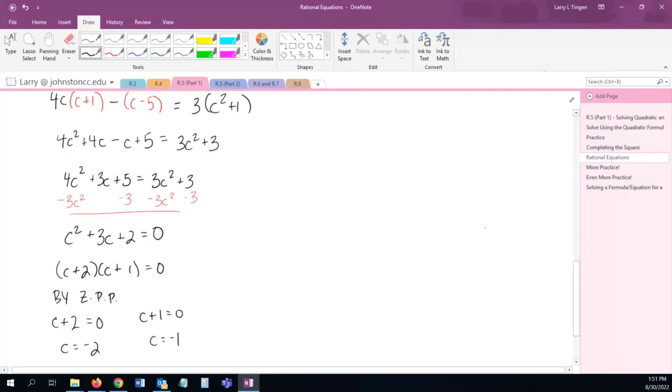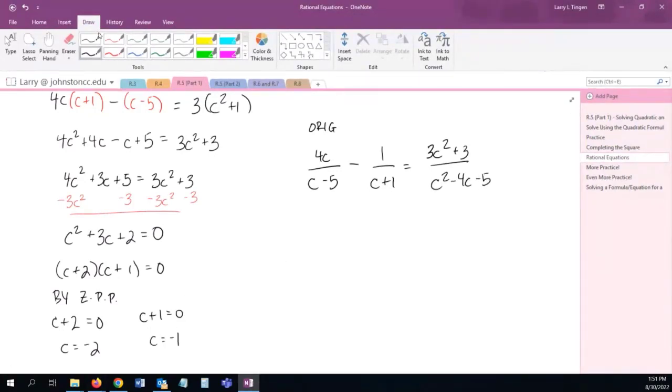Now, the original problem is 4c over c minus 5 minus 1 over c plus 1 is equal to 3c squared plus 3 over c squared minus 4c minus 5. Do either of these answers cause an issue with this problem?